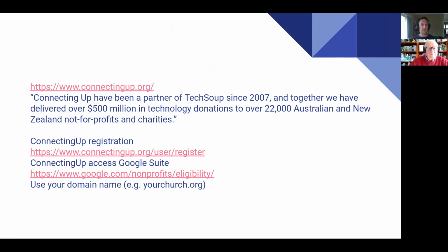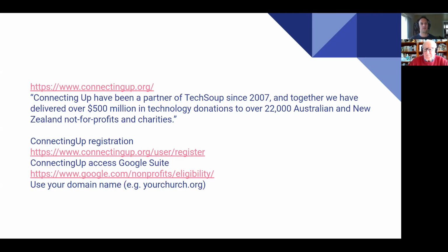This platform, called Connecting Up, has been around for well over 10 years here in Australia and New Zealand, and they provide the charity status for technology when you're accessing products they have partnerships with. So you get free or discounted hardware and software, regardless of whether you go forward and prepare the Google Suite for your organization.